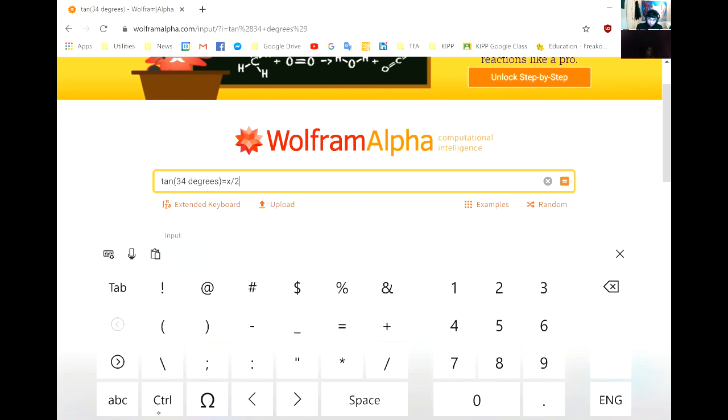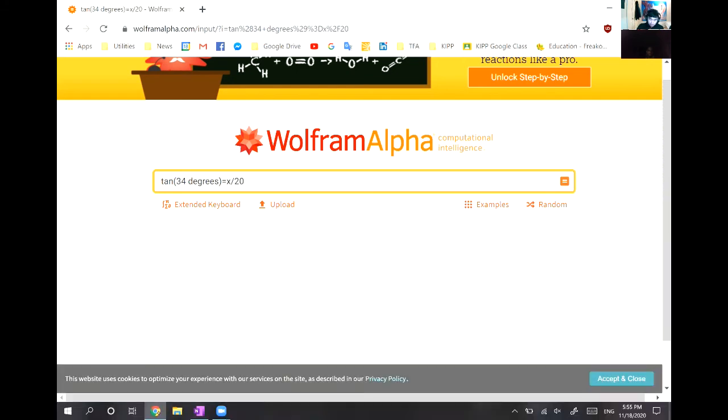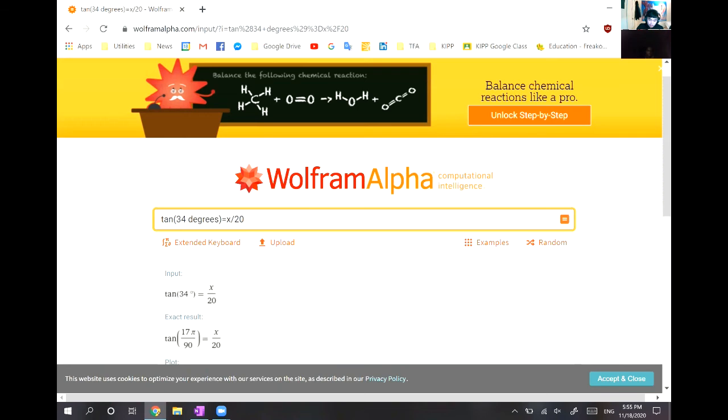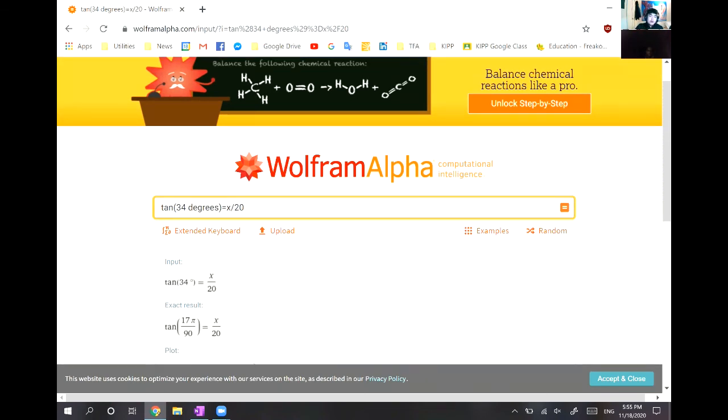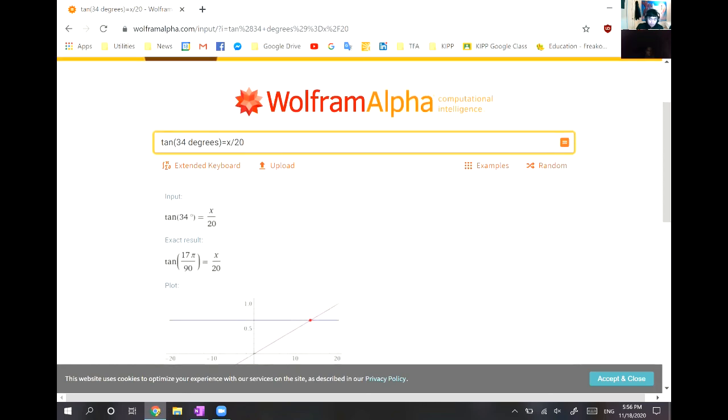divided by 20. All right, and the neat thing about Wolfram Alpha is, even though I'm not using it for a simple calculation right now, I'm actually putting in a full equation. But Wolfram Alpha uses its computer intelligence, just like it says in the brand name there in the middle. It's AI, to figure out, oh, this person wants to solve for x.